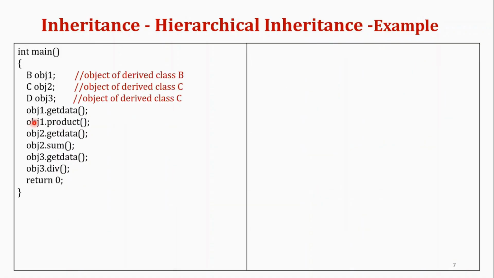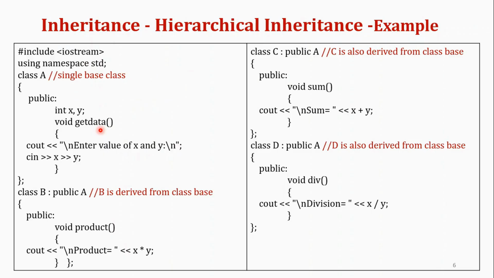So obj1 is class B, obj2 is class C, sum, and obj3 is class D, division. The respective derived class objects are used to invoke the member functions. Getdata is inherited, and the rest are their own functions in the respective derived classes. So this is simple code explaining hierarchical inheritance.